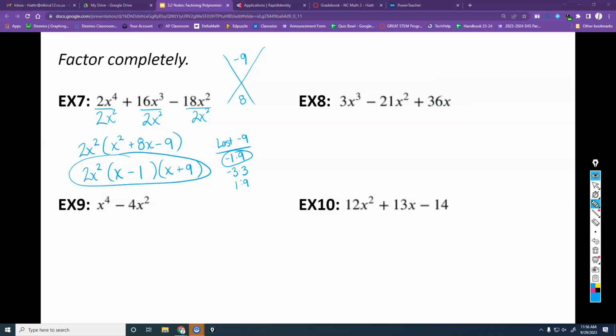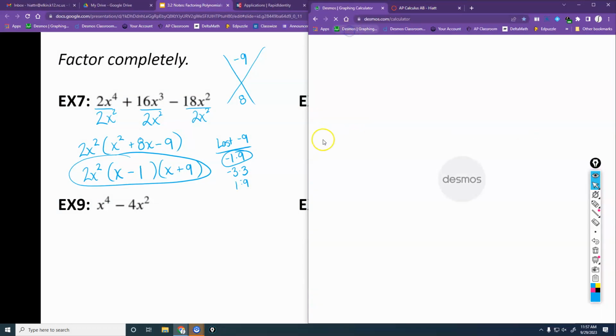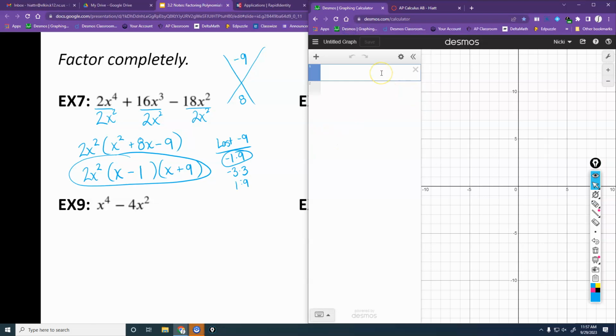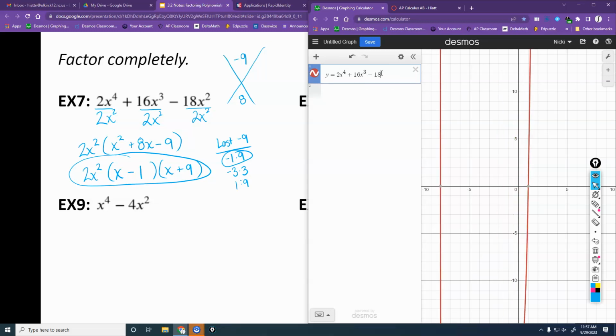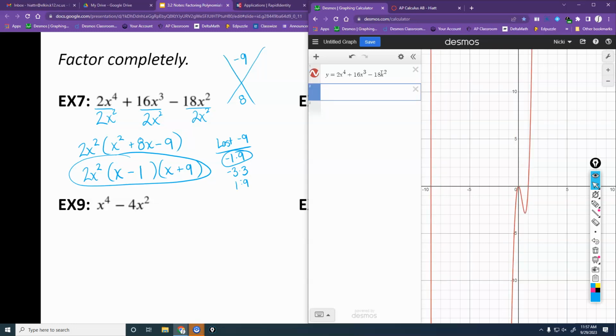Remember that we can check these by graphing them. So if I go over here and type in my original, and my factored form, I have the same graph, so that lets me know that I did it correctly.